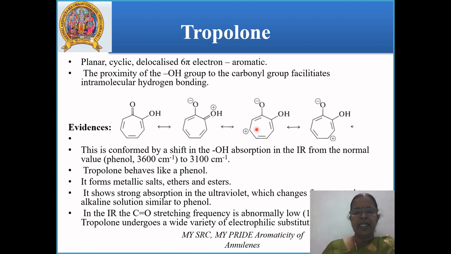It is evidenced by the absence of reactions corresponding to the presence of a carbonyl group in tropone and tropolone, and the carbonyl stretching frequency also is not observed. Its value is less. These compounds undergo a variety of reactions corresponding to the presence of the polar structure. Electrophilic substitution reaction is possible.